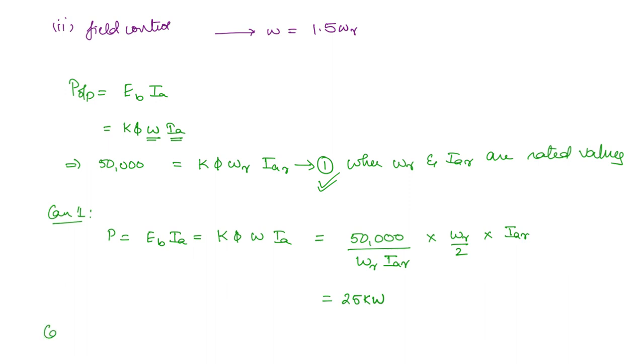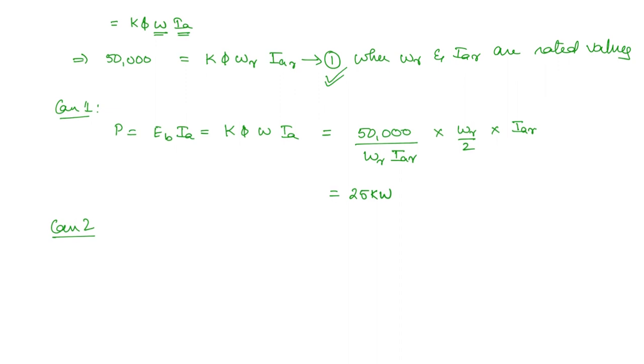Now, what is the second case? The second case is field control method. That means phi is not constant anymore. But what will be constant? The back EMF. This is constant. So why is that? EB is given by the terminal voltage or the supply voltage minus the armature drop.